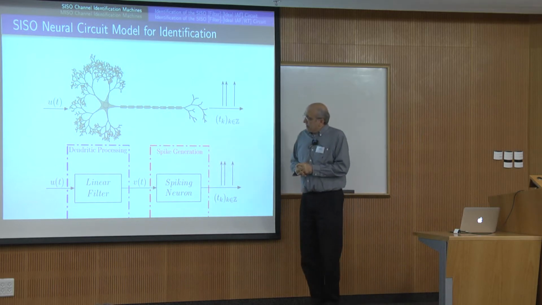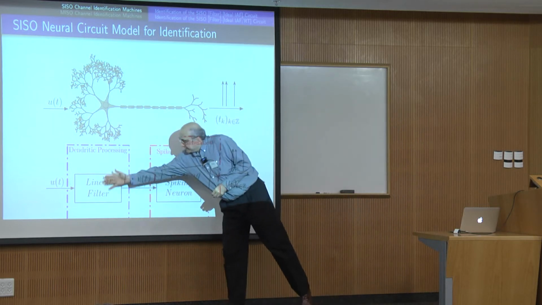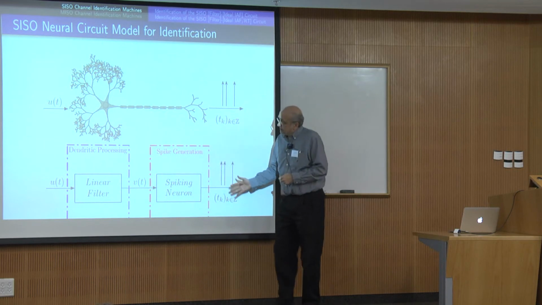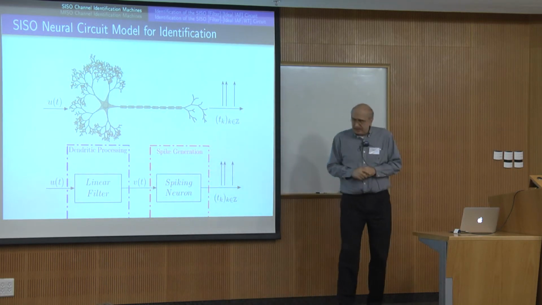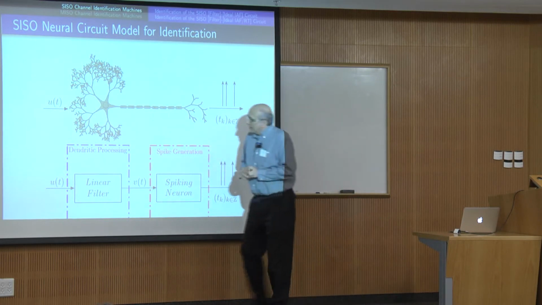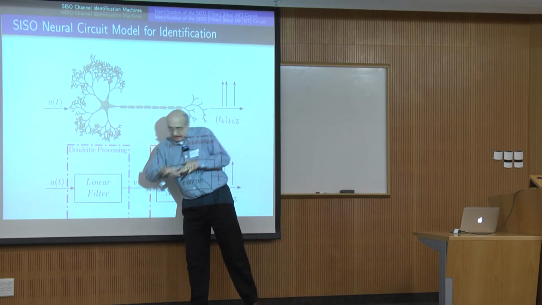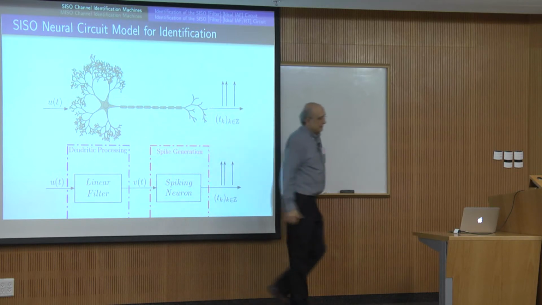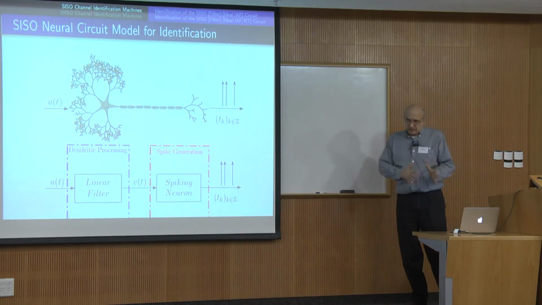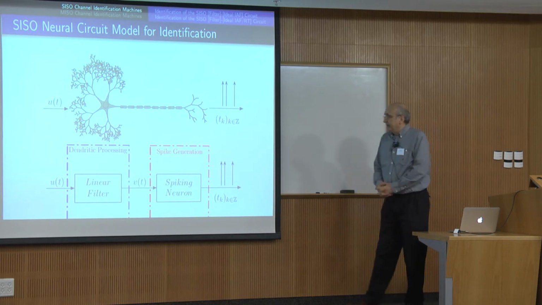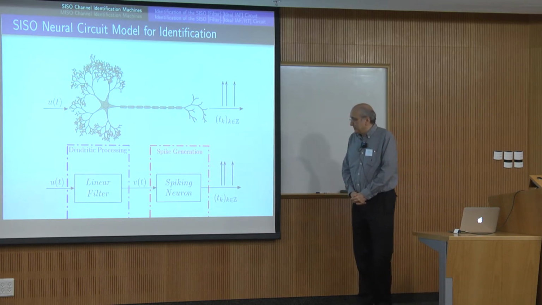And so the question now is, identify the linear filter knowing the output and knowing the input. And I'm going to analyze the situation for 2 cases. One when U is a continuous waveform, so you're at the periphery, and one when you have actually a train of spikes, so you're somewhere upstream in the neural hierarchy.